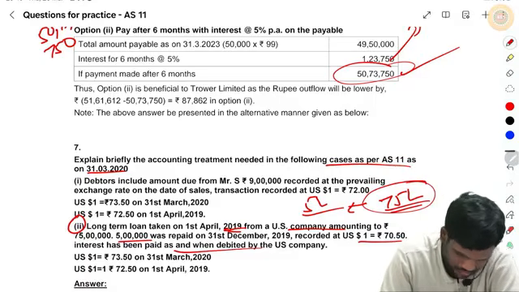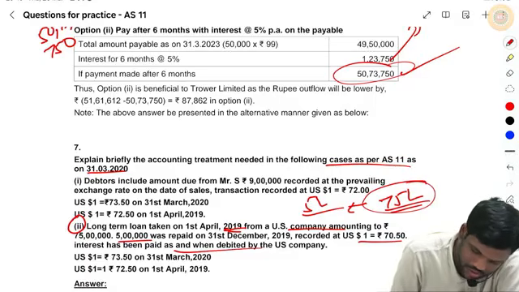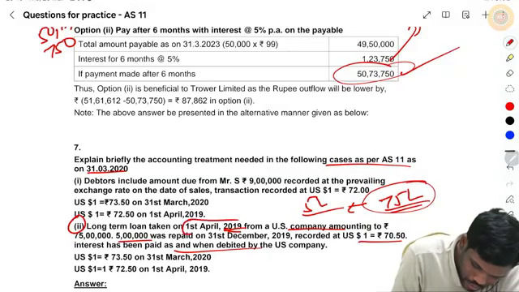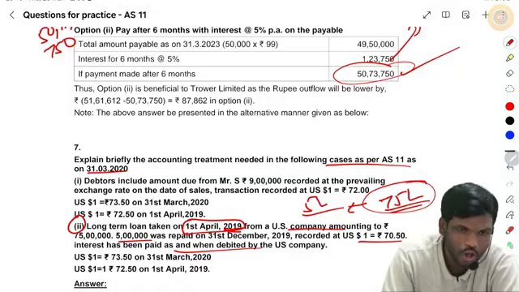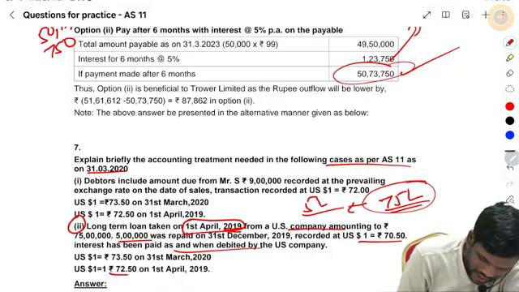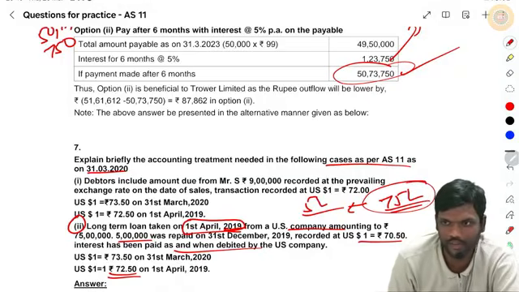Okay, interest also is fine. Now if you see, when was this loan taken? This loan was taken on 1st April 2019. On that date, exchange rate was 72.5.